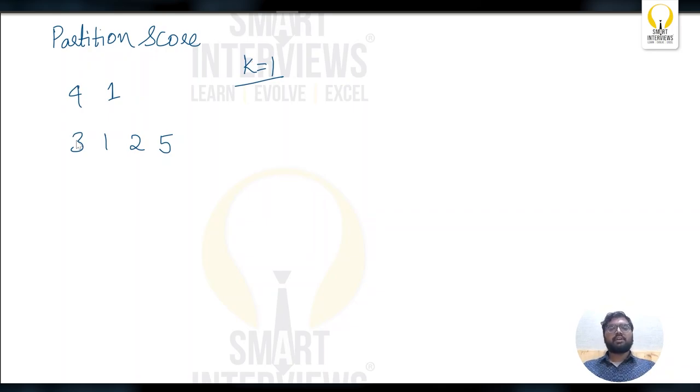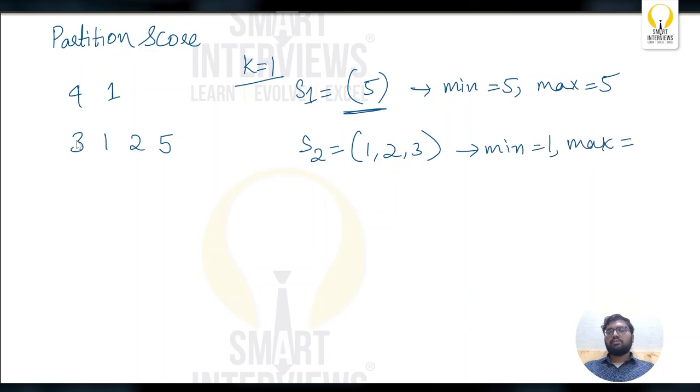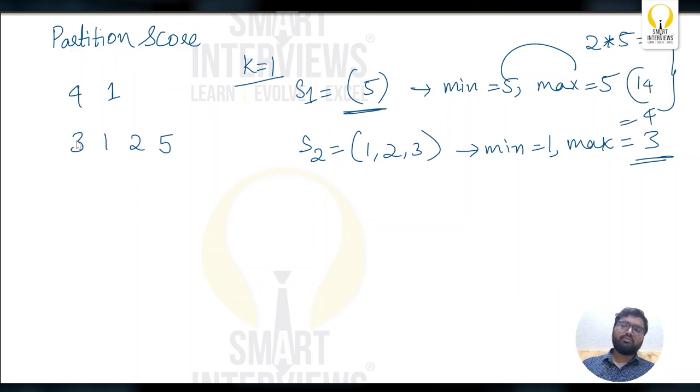So what is the best thing you can have? You can have one subset with 5. Let's say in subset 1 we have 5, so the minimum is 5 and the maximum is also 5. All the remaining elements go in the other set, definitely 1, 2 and 3. Here the minimum is 1 and the maximum is 3. So it will be 2 into 5, that is 10, and here it will be 4. So the entire answer will come to 40.